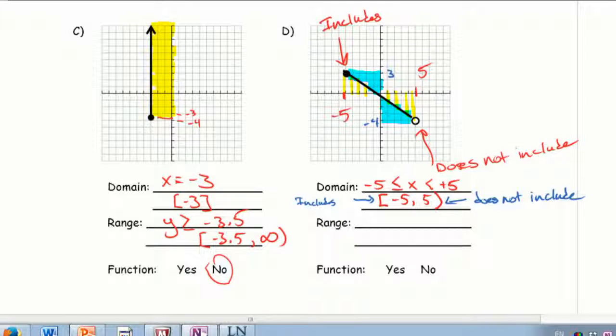So my y's are all going to be between -4 and 3. Am I going to include the -4? No, because it's an open dot. But I am going to include my 3 by going less than or equal to 3.